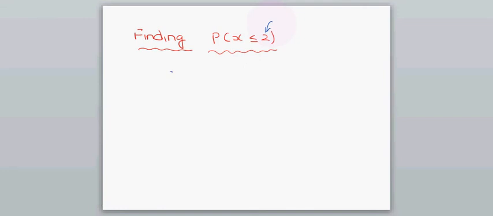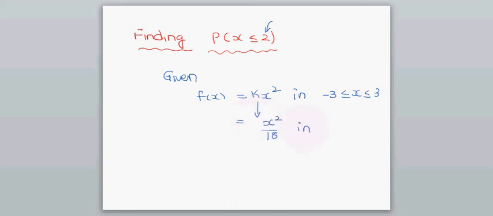And we have a function f(x) which is kx² in the range of -3 to +3. Just now we got the k value which is 1/18, so x²/18 in the interval -3 to +3.